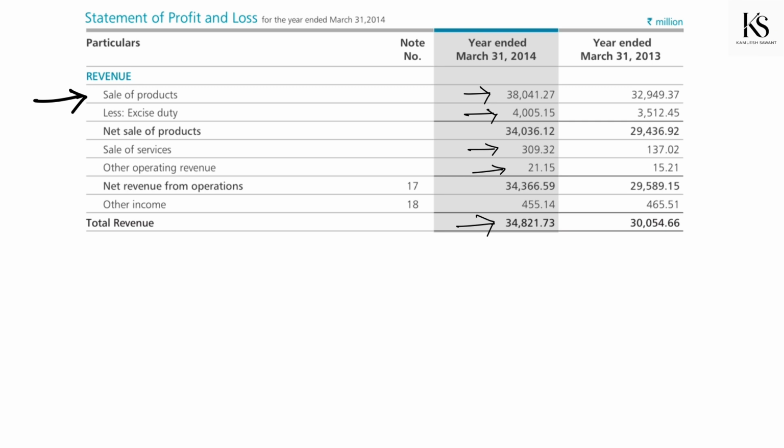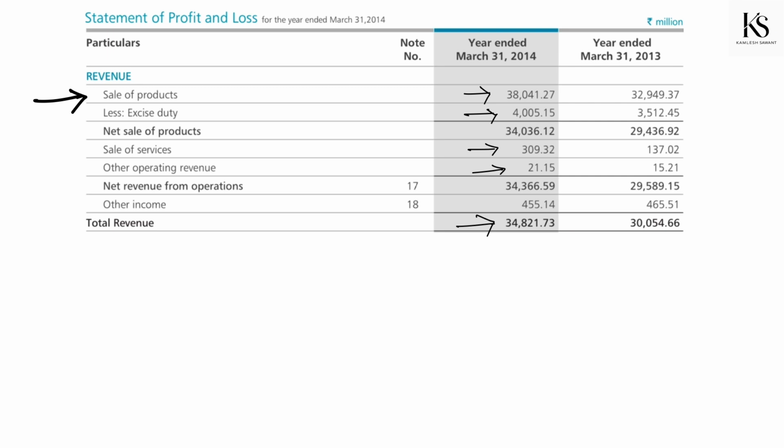Apart from the sale of products, the company also draws revenue from services. This could probably be in the form of annual battery maintenance. The revenue from sale of services stands at 30.9 crore rupees for financial year 14. The company also includes other operating revenues at rupees 2.1 crore. This could be revenues from sales of products or services that are incidental to the core operations of the company.